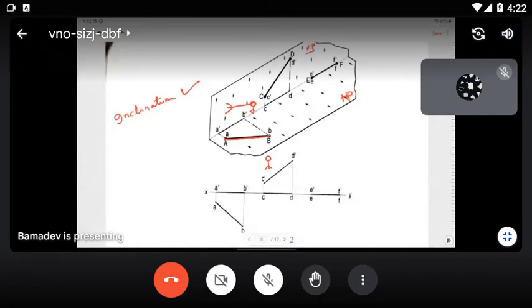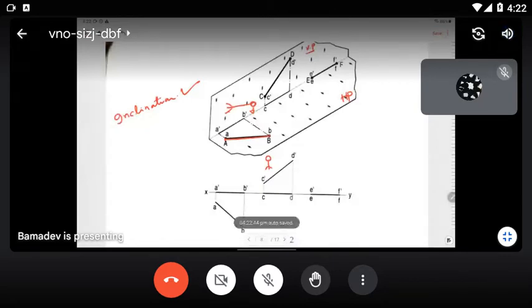Pratyush Kurai, sir. Very good. When you are seeing from the front, you will see a reduced length, and when you see from the top, you will see the exact length.